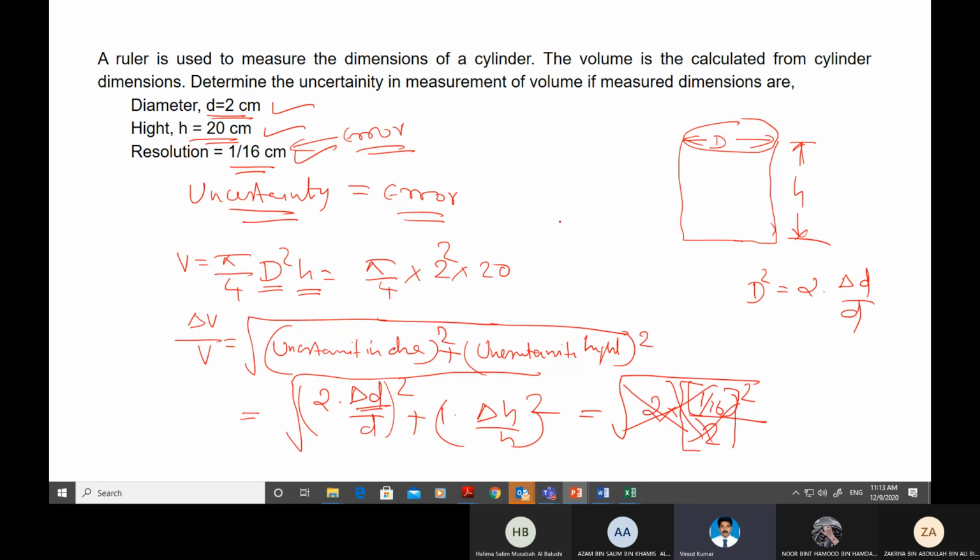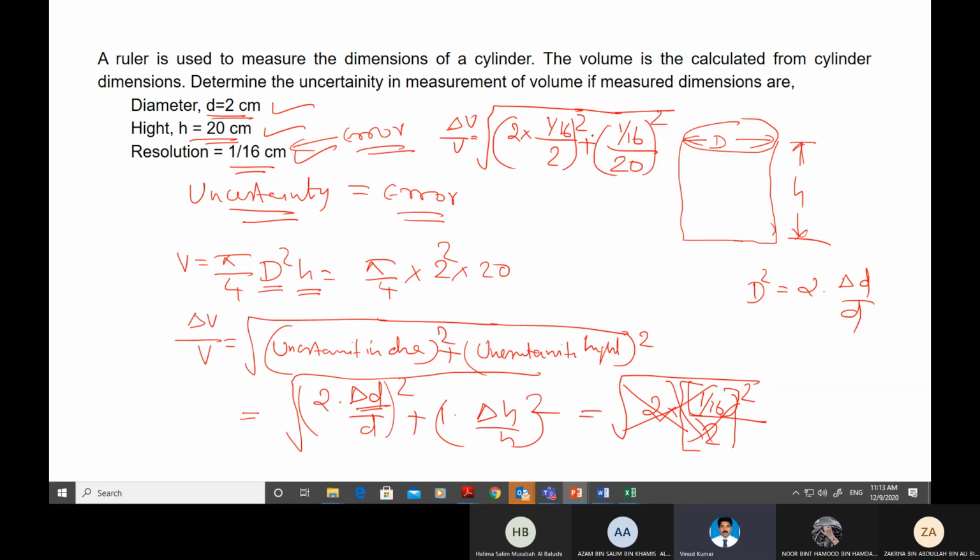Delta V by V equal to square root of 2 times 1 over 16 by diameter. How much is the diameter? 2, the whole square, plus delta H by H. Delta H is 1 over 16 by H. H is height, which is 20, the whole square.